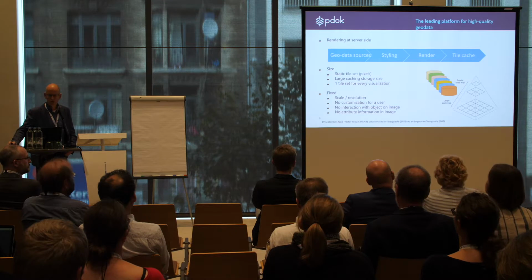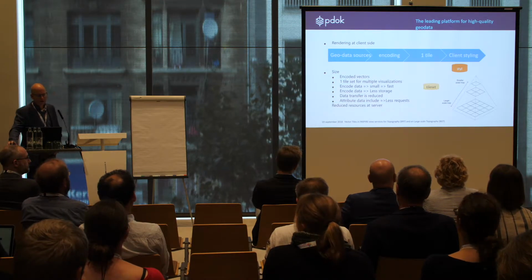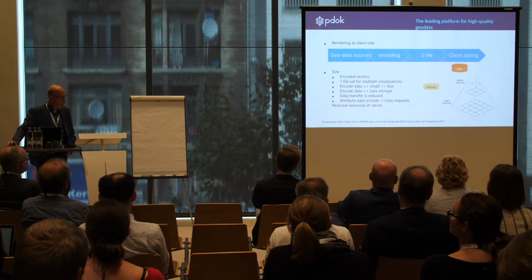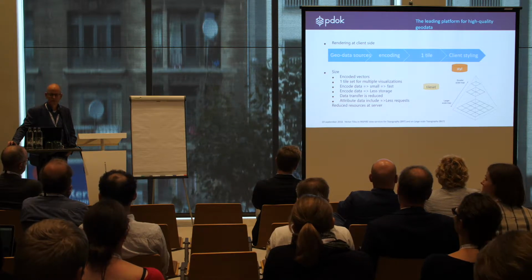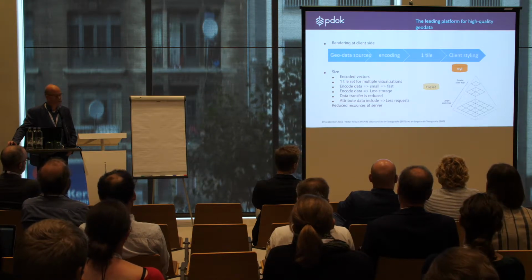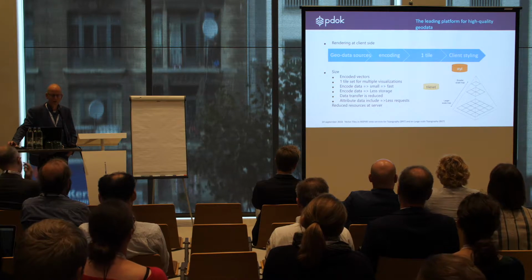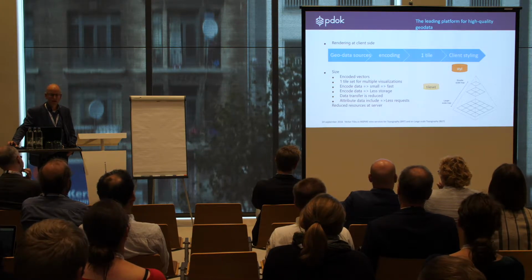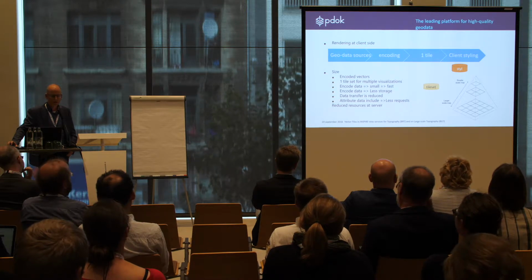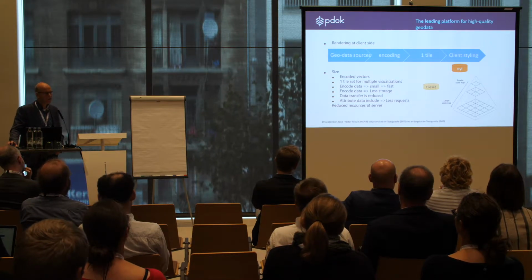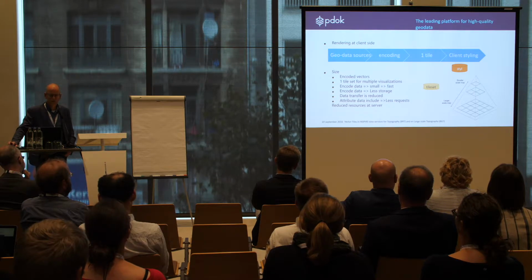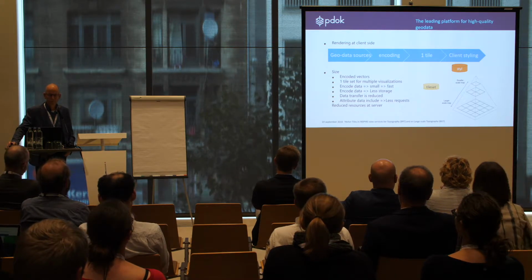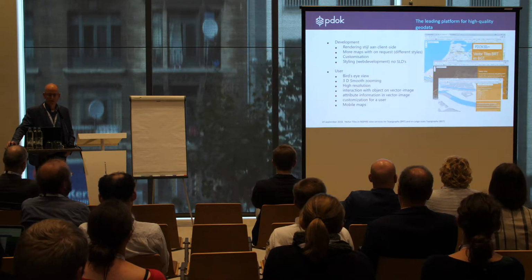A solution could be to do this with client-side styling, and that's what you do with vector tiles, and therefore we have a demo. The biggest advantage is that the data in the vector tiles is encoded over the communication line, which means a lot of reduction in data transfer load, and that's actually what's needed.